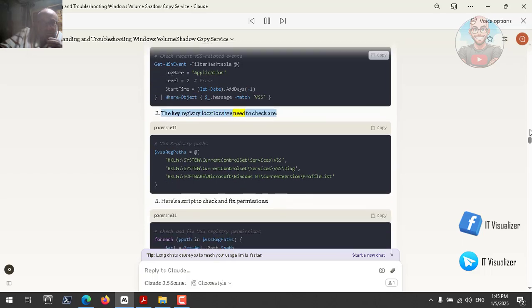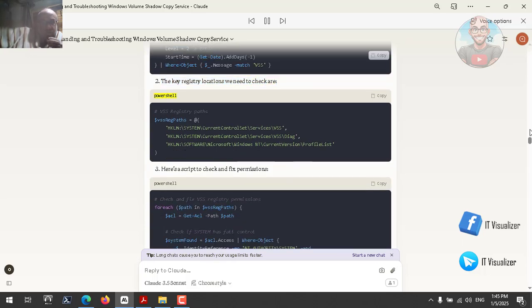The key registry locations we need to check are, in PowerShell, hashtag VSS registry paths. $vssRegPaths equals @('HKLM:\SYSTEM\CurrentControlSet\Services\VSS', 'HKLM:\SYSTEM\CurrentControlSet\Services\VSS\Diag', 'HKLM:\SOFTWARE\Microsoft\Windows NT\CurrentVersion\ProfileList').